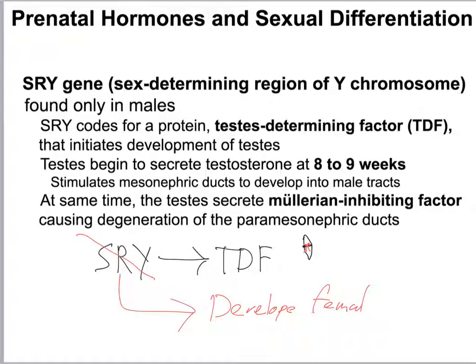There are people, about 1%, or between 0.1 and 1%, of phenotypic females who have XY chromosomes. They have an X and a Y, but they have a mutant SRY gene. It's not totally uncommon. So these are XY females.